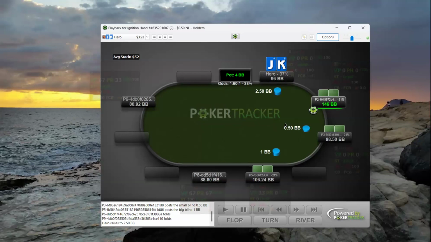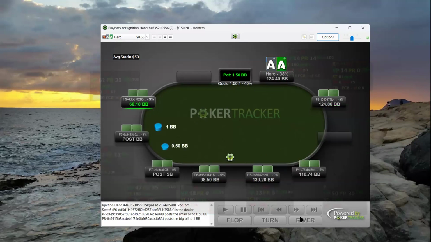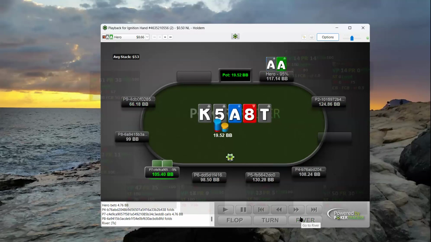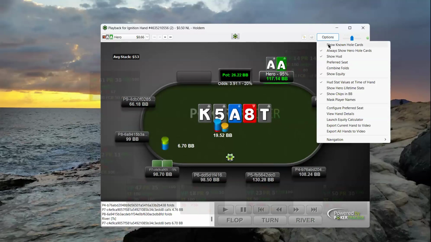No, it doesn't. If the river was a blank, that's a perfect hand to block bet. It's not big enough to bluff somebody off an ace. And I guess he doesn't want to face a bluff. It's that thing of I don't want to have a hard decision, which is not a good way to play poker, but many people play it, and we have shown hands where they did it, including me.